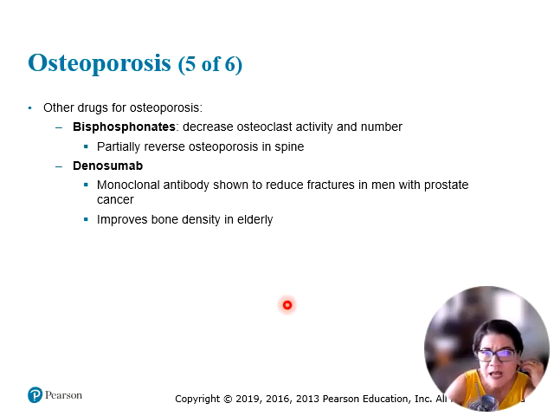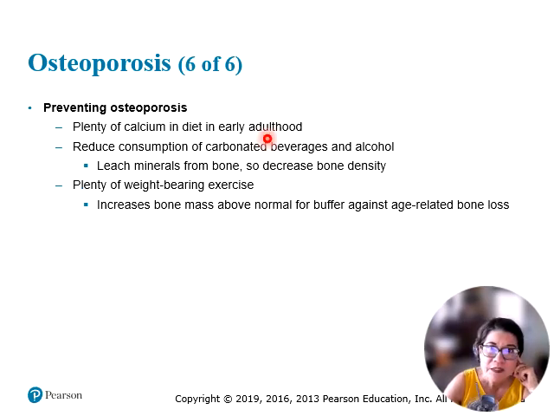And then denosumab helps men that have prostate cancer. So there aren't really great options for treatments. It's better to eat healthy, exercise, get plenty of calcium when you're a child to get your bones really strong, and reduce consumption of carbonated beverages.